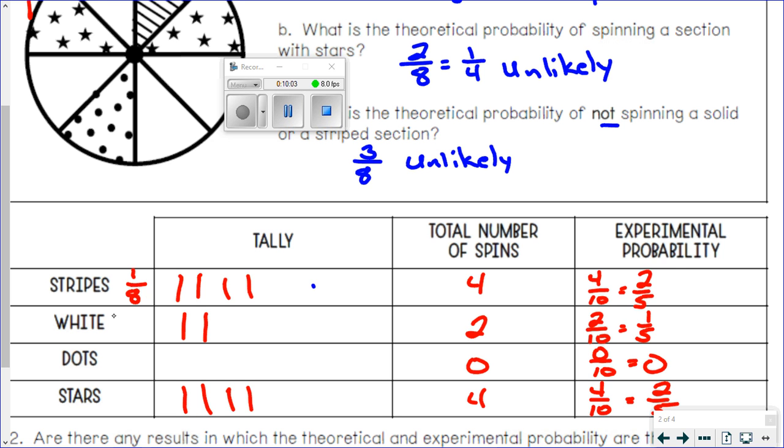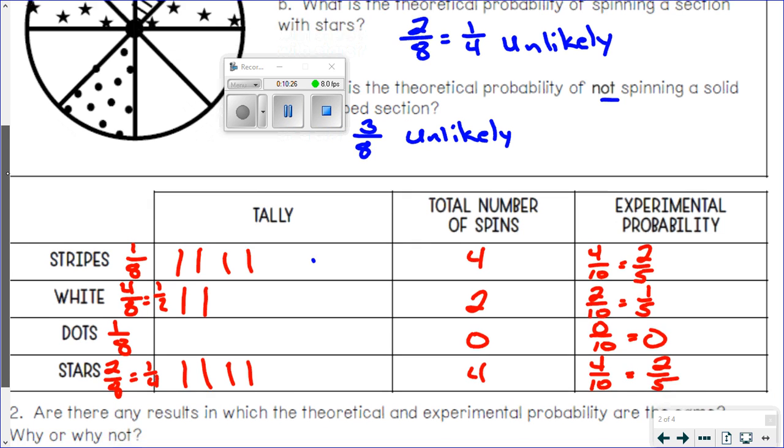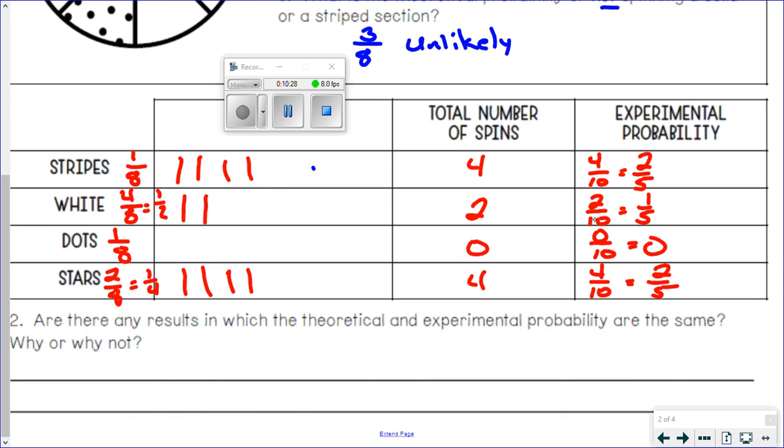For the white sections, there are 4 of them, 4/8, which is 1/2. That doesn't match up. Dots would be 1/8. That obviously doesn't match with 0. And stars would be 2/8 or 1/4, and that doesn't match up. So then the question is, well, how come they don't match up?